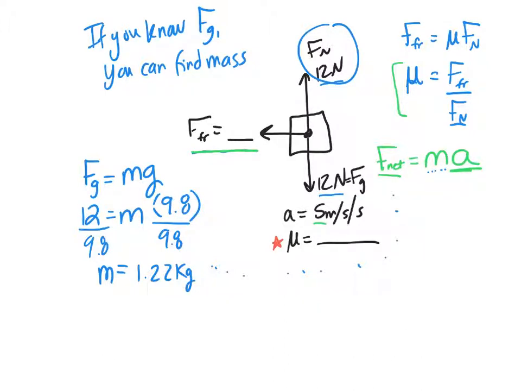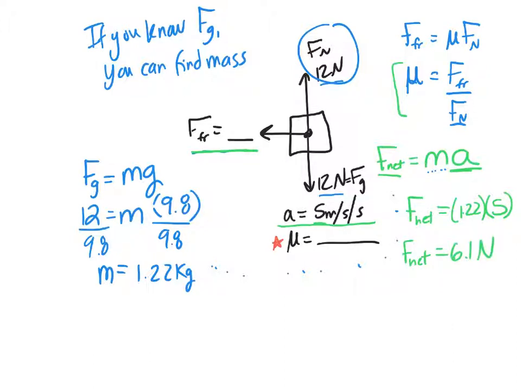Okay, so now that lets us go all the way back over here, and we can now find our net force. F net equals mass, which is 1.22, times the acceleration. They gave us the acceleration, it's 5, and throw that in our calculator. 6.1, so 6.1 newtons.